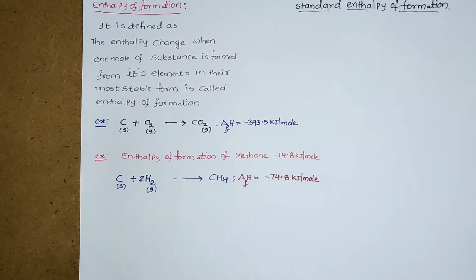If all the species, the reactants and products in a chemical reaction, are in their standard state, that is the most stable form at 1 bar pressure, then the enthalpy of formation is called the standard enthalpy of formation.